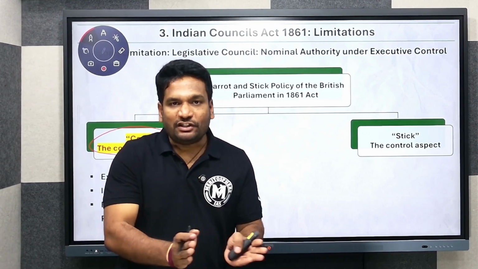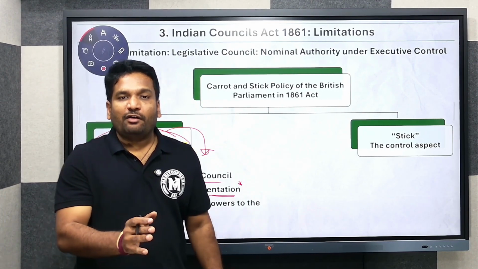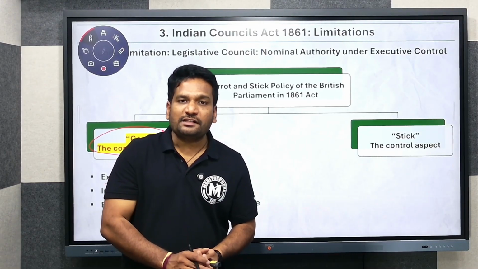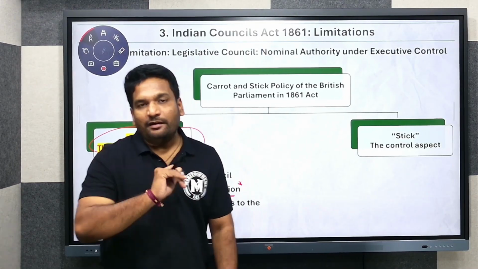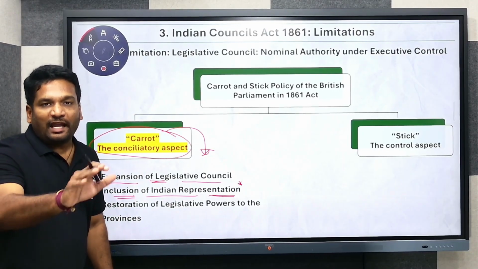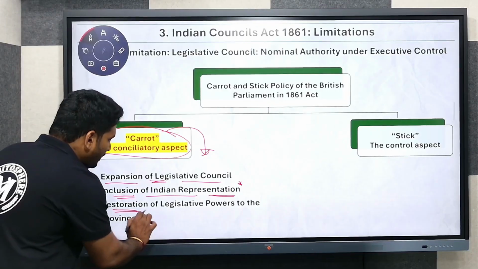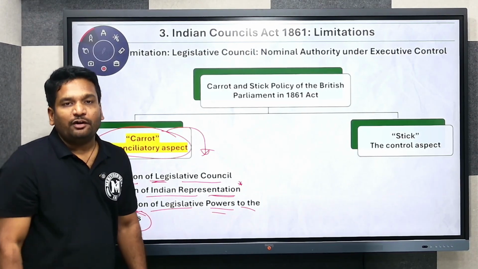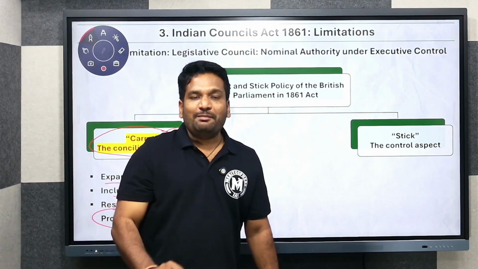So the expansion of the Legislative Councils and the inclusion of Indians were portrayed as conciliatory measures to pacify the educated middle class Indians, and the increased political awareness in India. The third thing is the restoration of legislative powers to the provinces. A kind of provincial autonomy was granted to the provinces in matters of legislation.